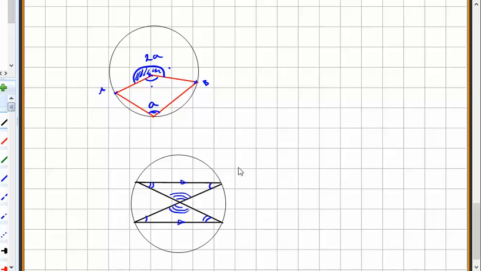If all three angles in a triangle are equal between two triangles, what do you know about the two triangles? In this case they look congruent, but they're not always going to be congruent. What's the other word? They're similar. The two triangles are similar.